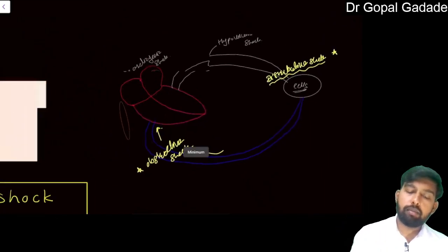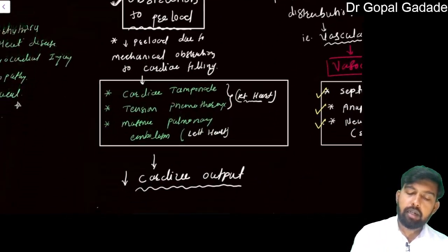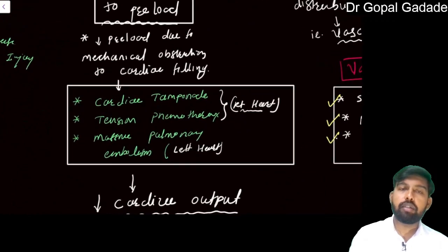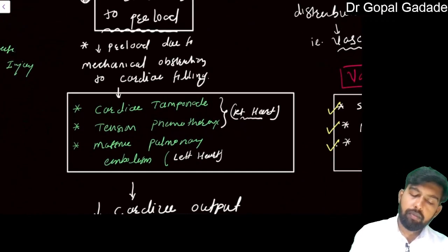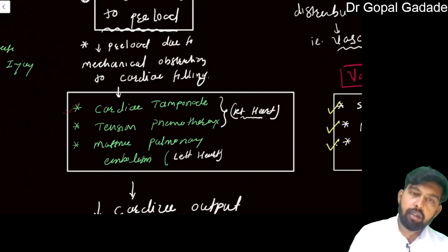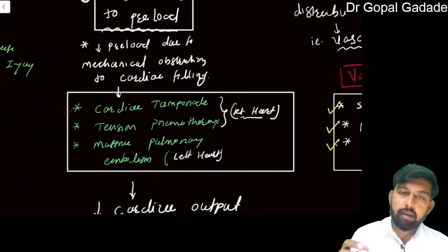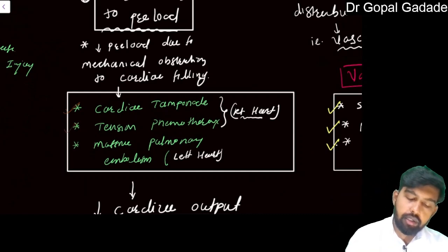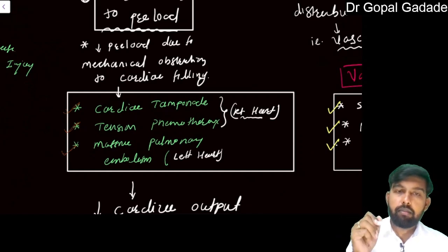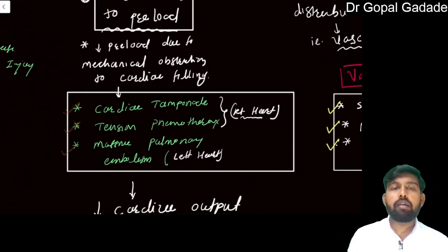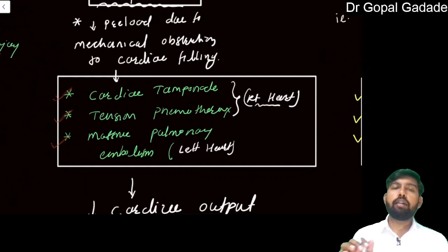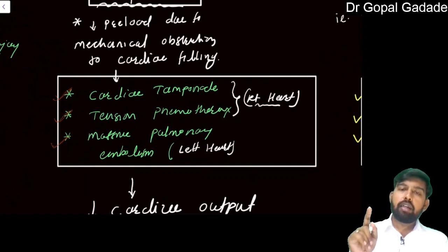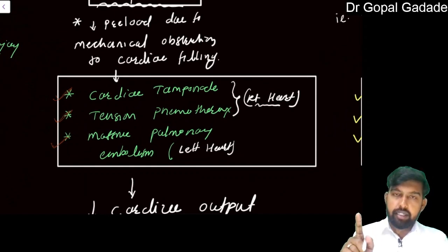This is because of increased intrathoracic pressure. It can be due to cardiac tamponade, increased intracardiac or intrapleural pressure, tension pneumothorax, or massive pulmonary embolism. The causes like cardiac tamponade and tension pneumothorax will cause decreased filling of the right-sided heart.